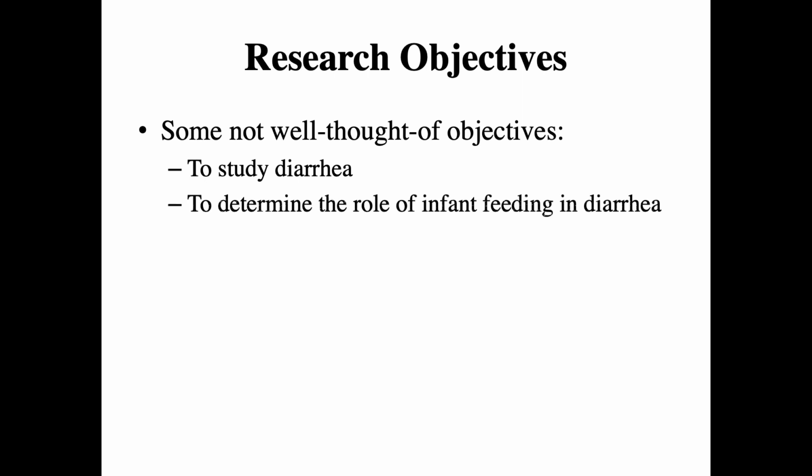Okay, so the next example: to determine the role of infant feeding in diarrhea. Comparatively it has more detail than the first one, but it's still rather abstract, and it still needs more detail to give the researcher instructions on how to go about measuring their variables, right?